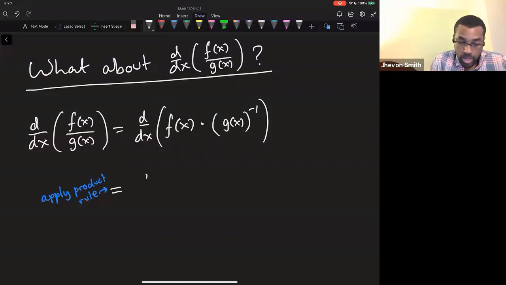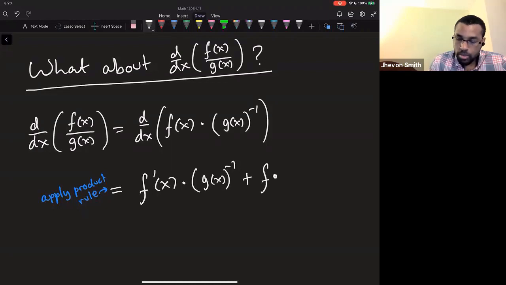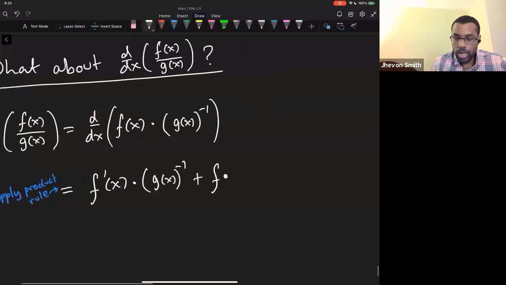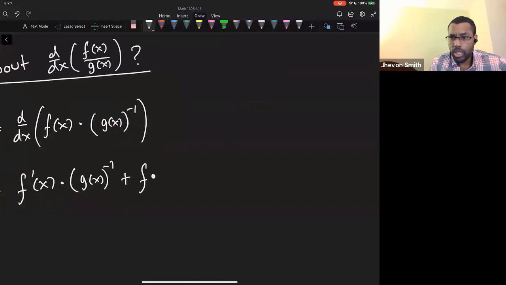So I'm going to differentiate the first function, leave the second function alone, plus I'm going to leave the first function and differentiate the second function. Now, how do we differentiate the second function? Notice that there's an inside function. g is an inside function.